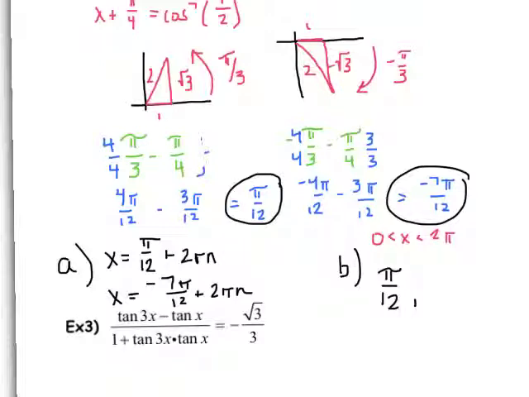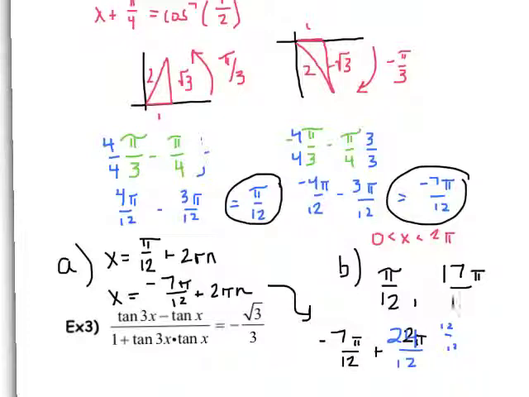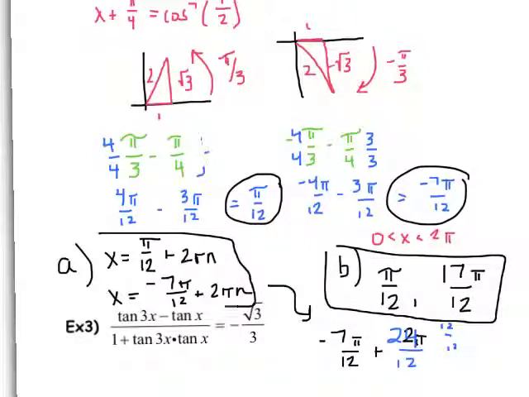So in order to get my second one, I'm going to take negative 7 pi over 12, and I'm going to add 2 pi. Well, still common denominator, so 2 pi makes 24 pi over 12. Negative 7 plus 24 is 17. Okay, and that's my answers to part B. Here's my answers to A, my answers to B.